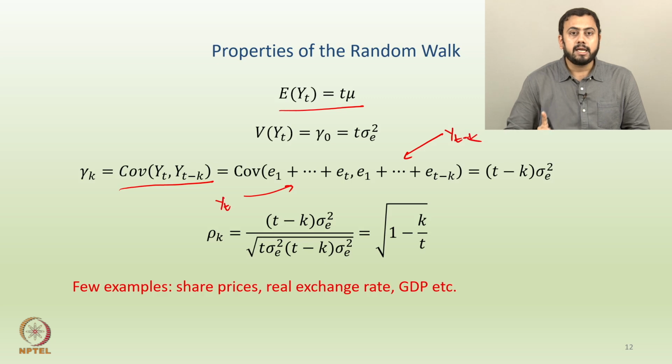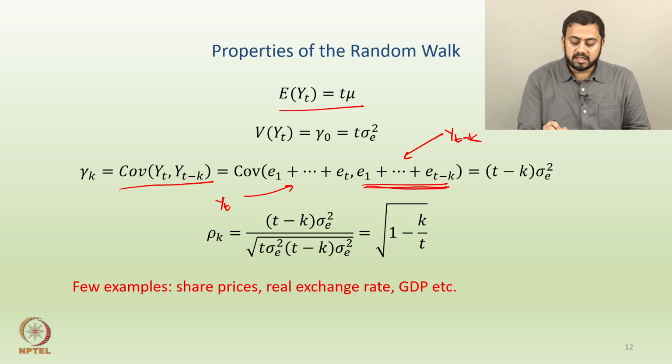Now again remember the technique I told you in the last couple of lectures, that wherever you have common subscripts, those elements would add up to variances. For example, E1 and E1 or E2 and E2, right. If you notice this carefully, all these subscripts from E1, E2, E3 up to Et minus k occur in both places. So eventually what will you have?